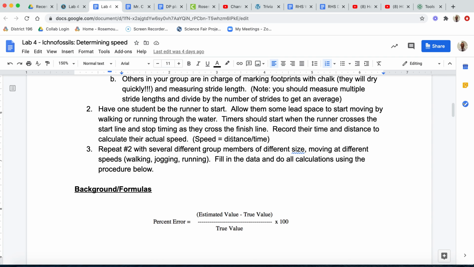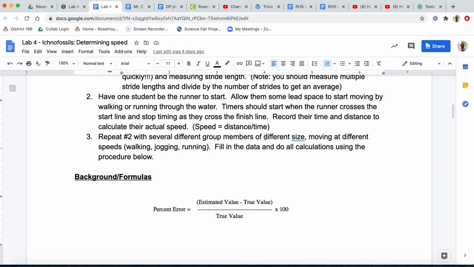Okay, speed, remember, is the distance, so 30 feet divided by how much time it took that person to go over that 30 feet. Okay, and you're going to repeat this a bunch of different times, hopefully with different people that have different leg size and feet size, so that we can get some variation. And like I said, I want you to do this a couple of different ways: walking, running, jogging, okay, so that we get more data points.